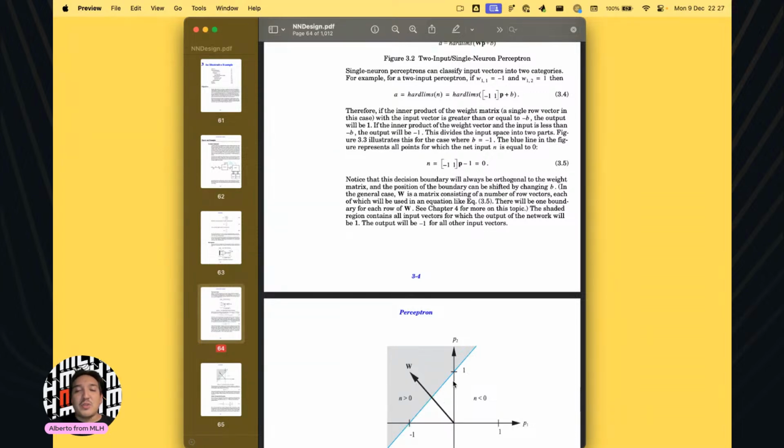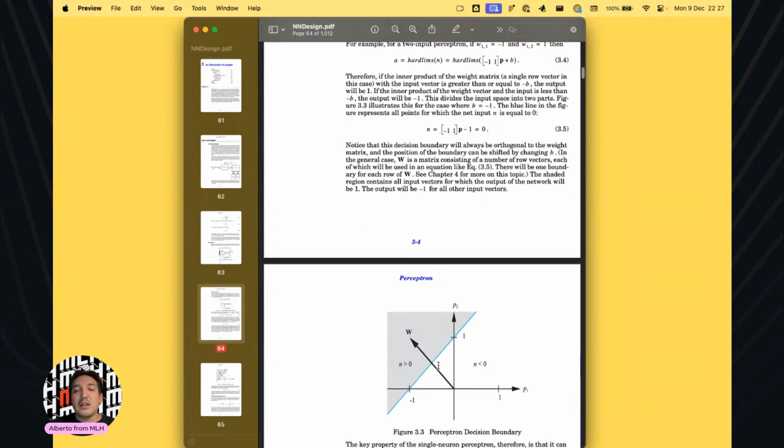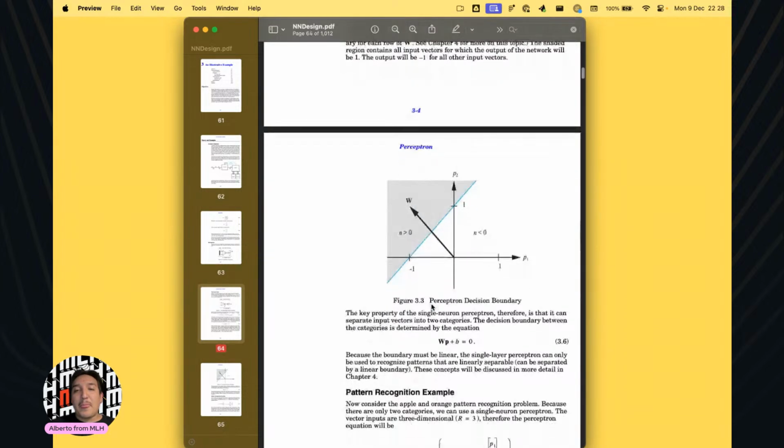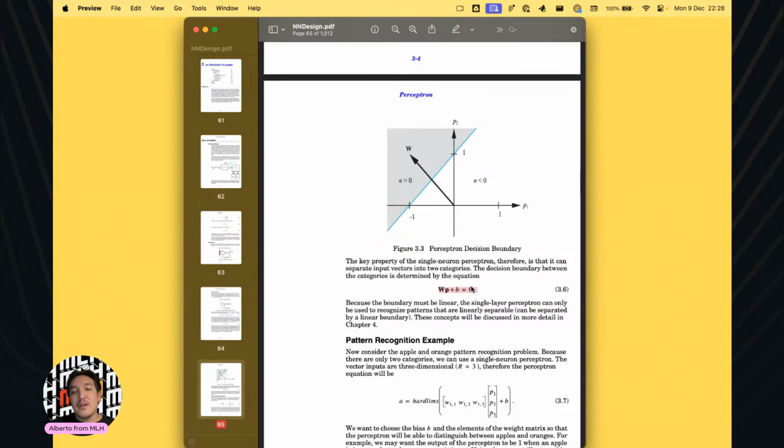I told you that the decision boundary is orthogonal to this vector, but I didn't tell you where it's going to be put. It's going to be based on this function. So the decision boundary will exist when this criteria is met, where W times P plus B is equal to 0.